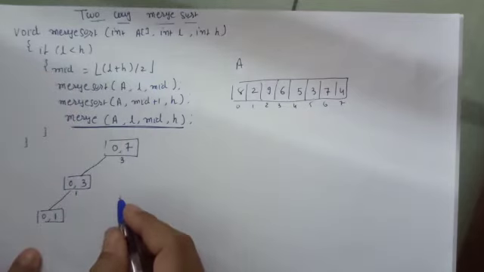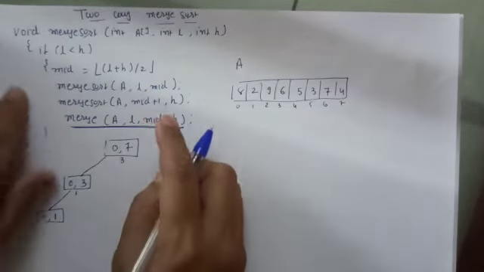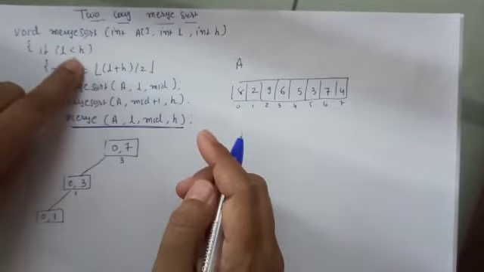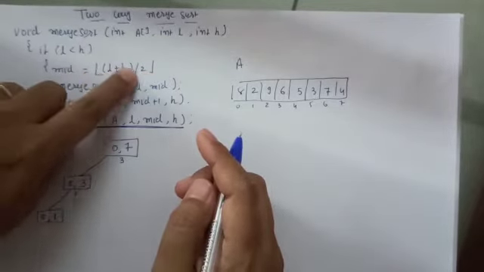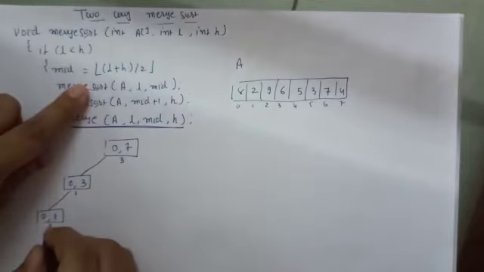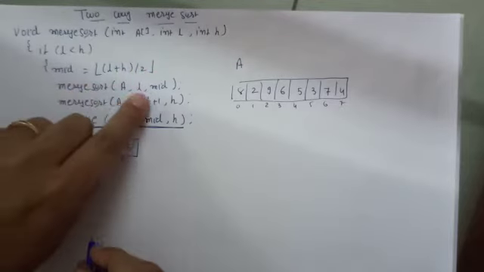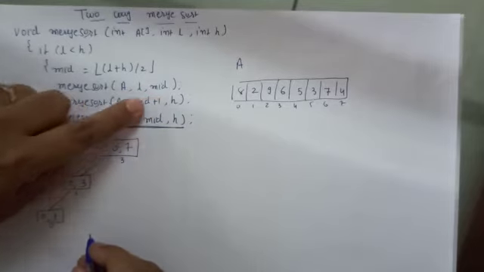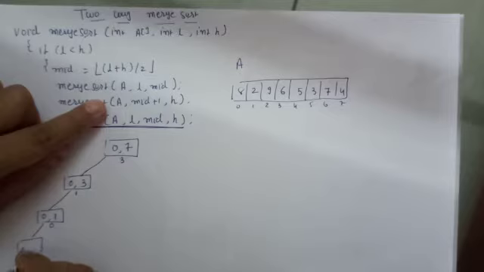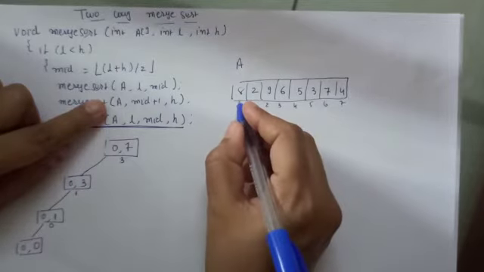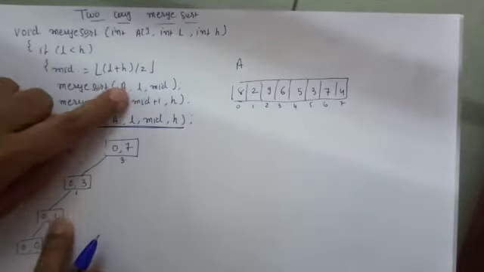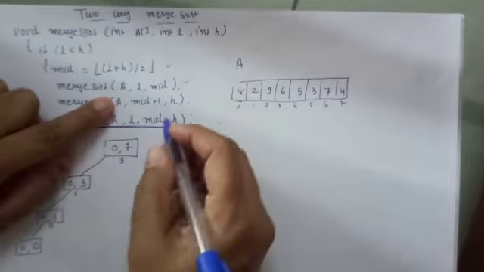Now I call merge sort for 0 and 1. 0 is less than 1, so the condition is true. 0 plus 1 divided by 2, so mid is 0, and the merge sort call is lower to mid, so 0 to 0. That means this 8 is split now. This call for 0 to 1 is completed.